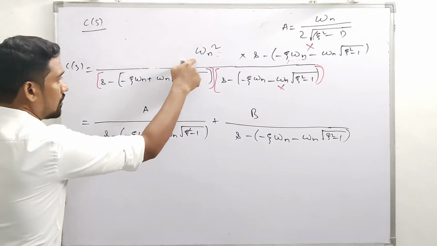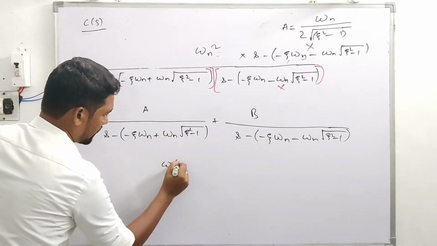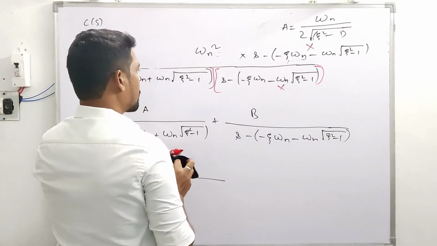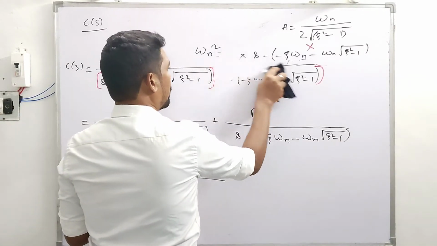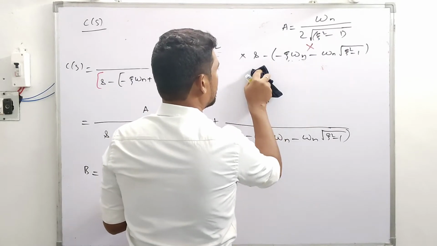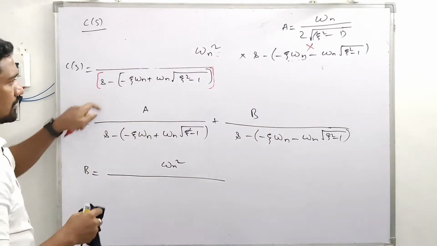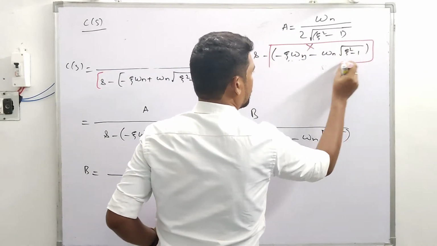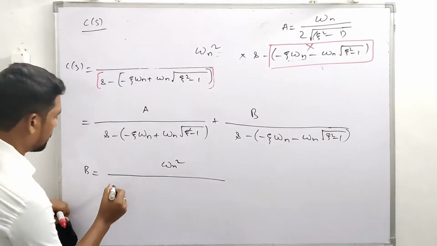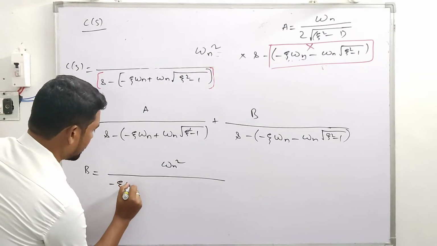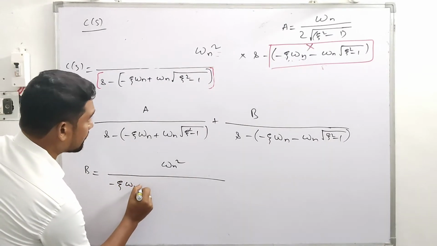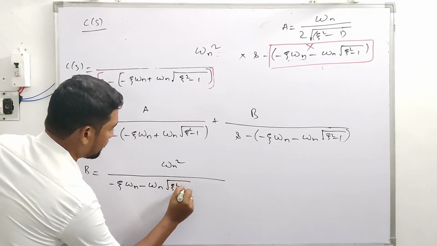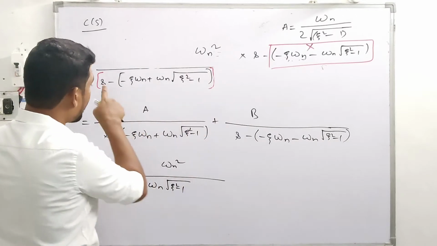B will be equal to this. It's not cancelled, omega n square comes down as it is, and we don't have these two terms. In the place of s, this value is to be plugged in, so that gives us minus zeta omega n minus omega n into under root zeta square minus 1 in the place of s.